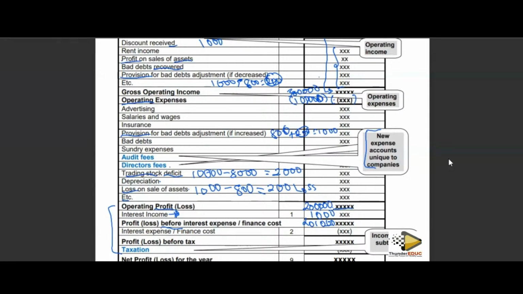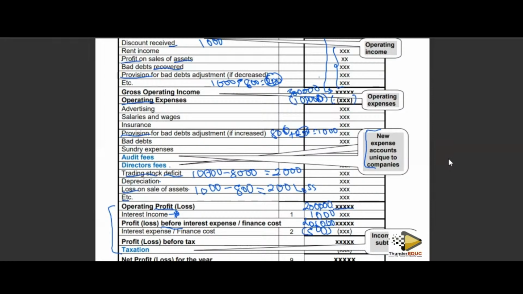Let's say we also pay interest of 500 every year. You see it has been put in a bracket here. So it means that we shall have to deduct it from our figure here. So this minus this, then we shall determine our profit or loss before tax.